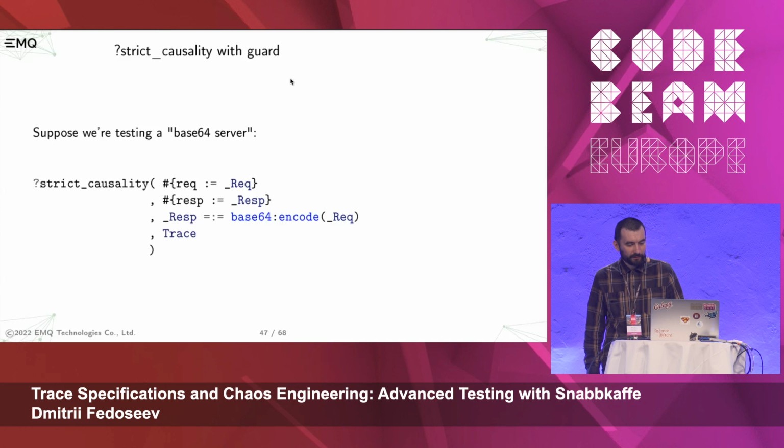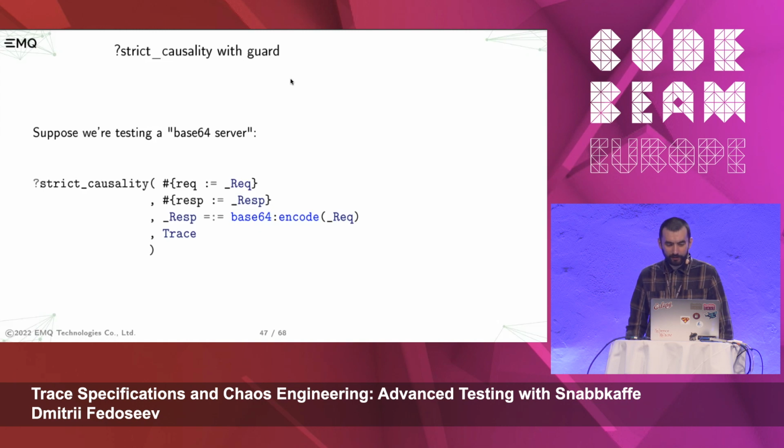Variable bindings from the cause match pattern are propagated to the effect match pattern, and to the additional guard expression as well. For example, if we want to test a base64 server, we can just start it, bombard it with requests from thousands of parallel processes, and all we need to test the correctness of the server's implementation is this little trace specification.